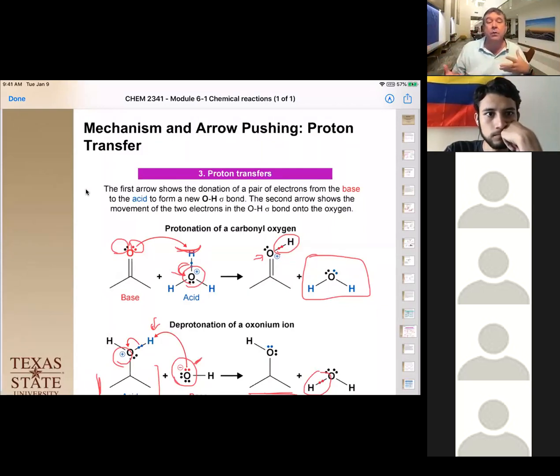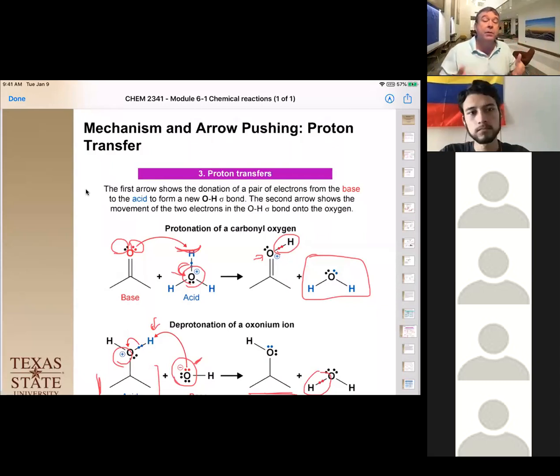You can do this with charge or without charge, but typically a lone pair or a negative charge are the electrons that reach out and form the new sigma bond. That is a very important way, and we're going to use this again and again, especially in chapter 6.2. So don't forget this. This is important.